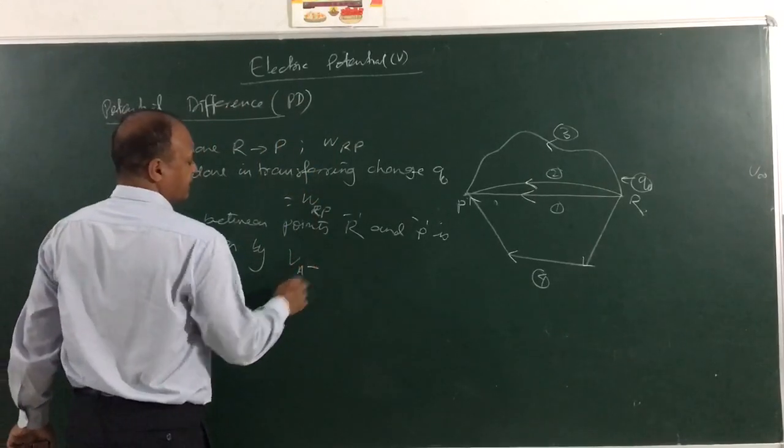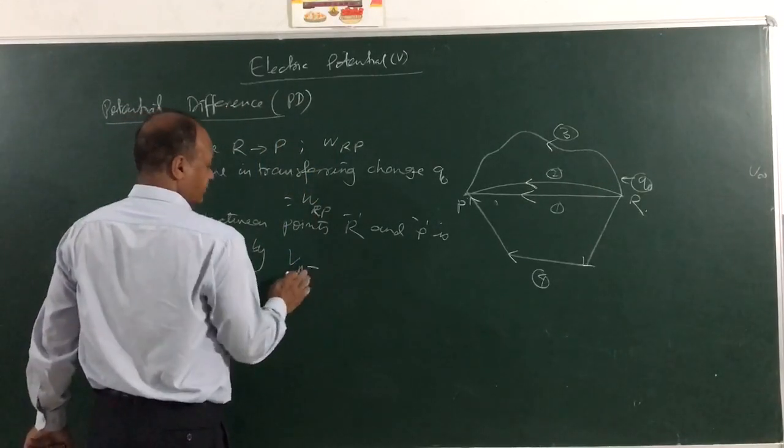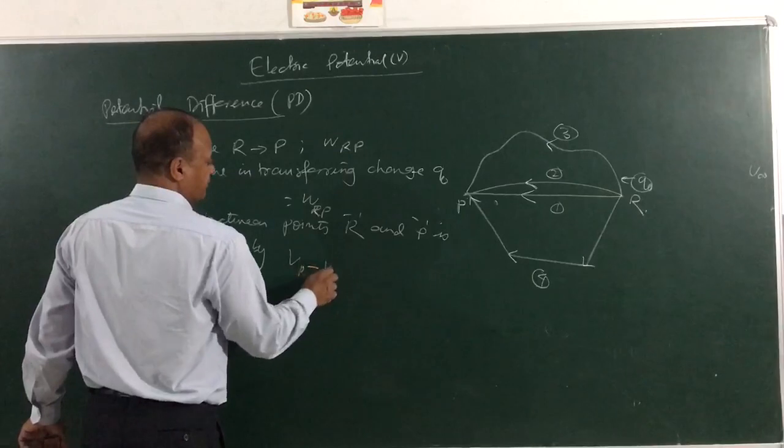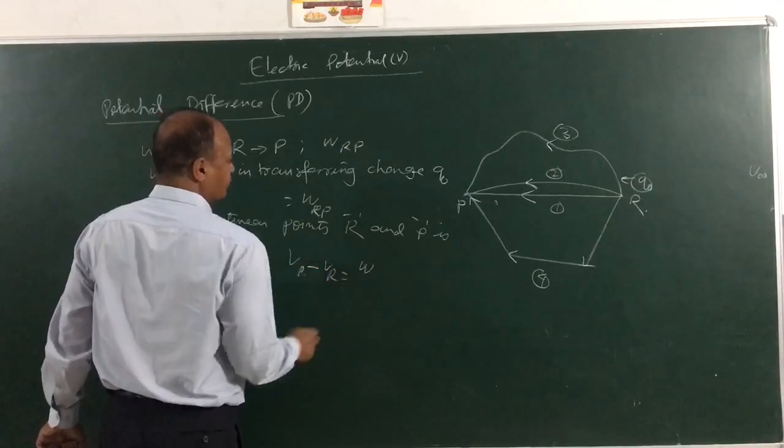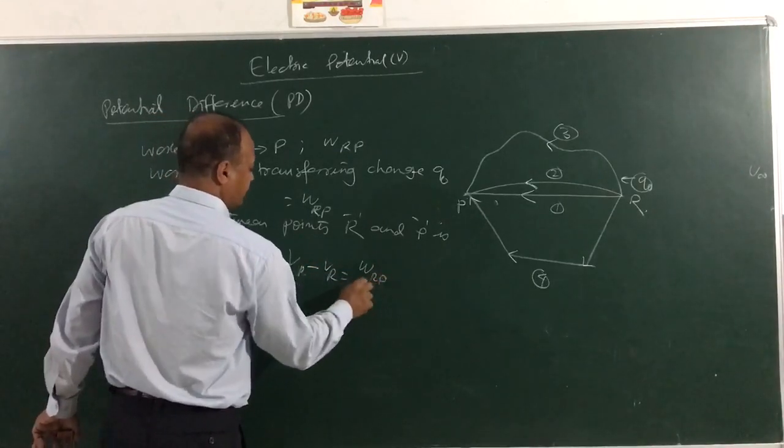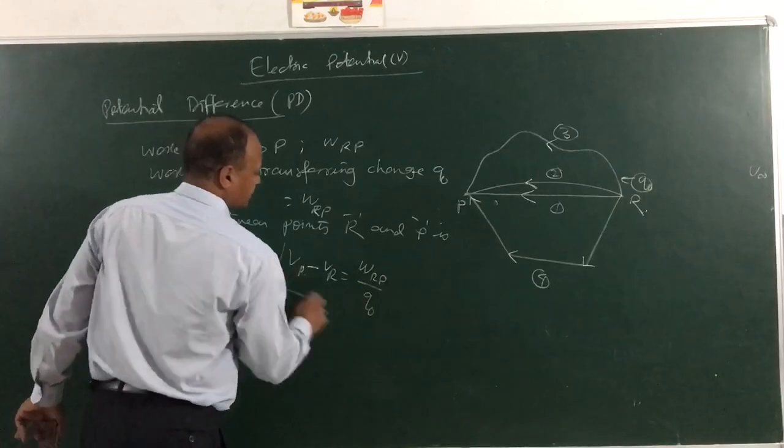Potential of P minus potential of R is W_RP by Q naught.